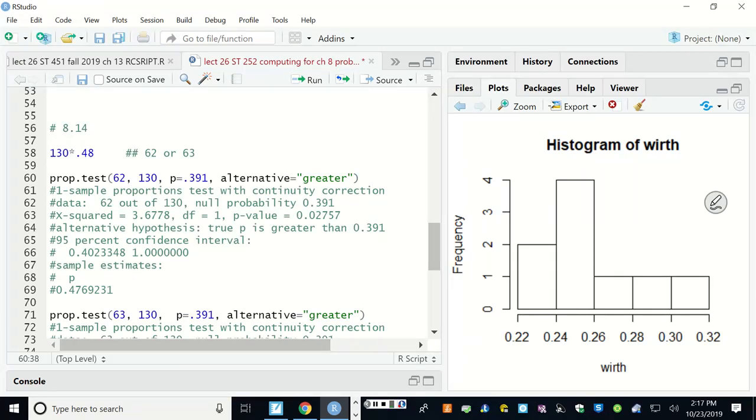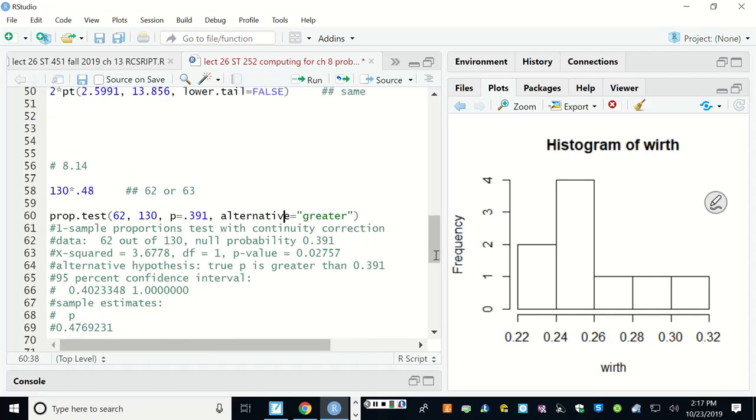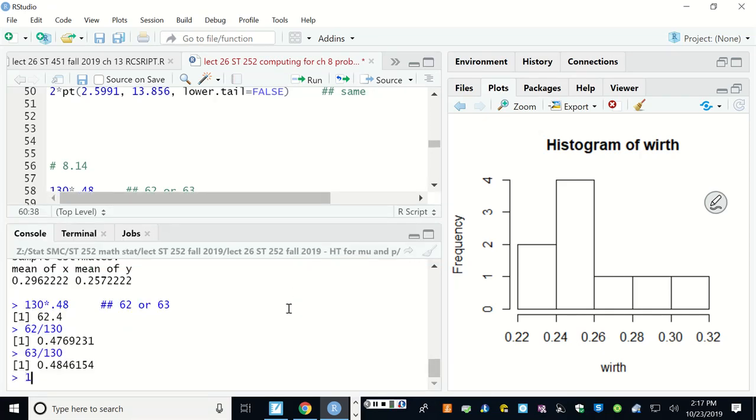It has increased. Now, if it's 63, is the p-value going to go up or down? Down. Why is it going to go down? Let's see, 130 times 0.391 would imply about 51 should say yes.